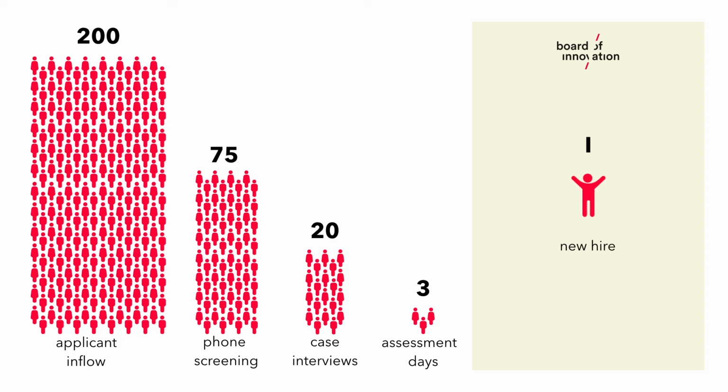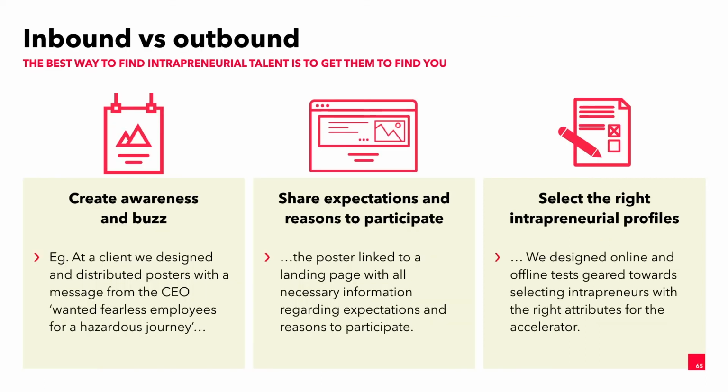So I just want to give you one example of how we did this at a client of ours, where we chose the inbound versus the outbound approach. So typically, sponsors appoint team leads and they form teams, and it's often based on who is available and not necessarily on who is the most suitable for the role. So for one program that we ran at one of our clients, we started with a poster campaign.